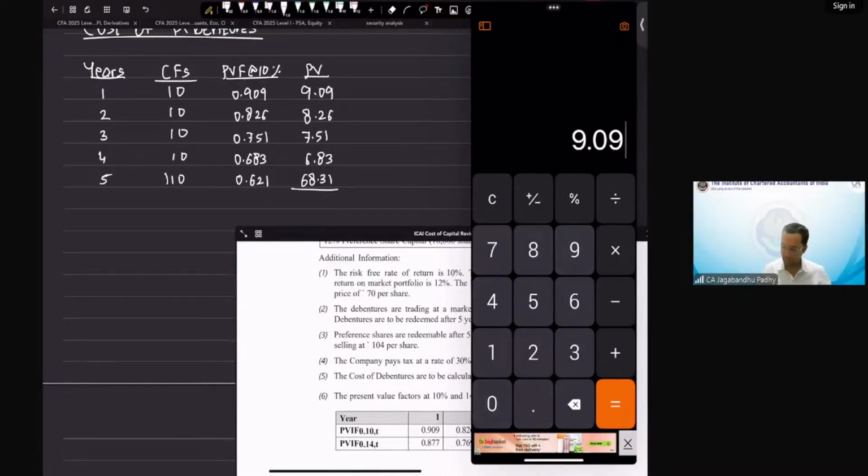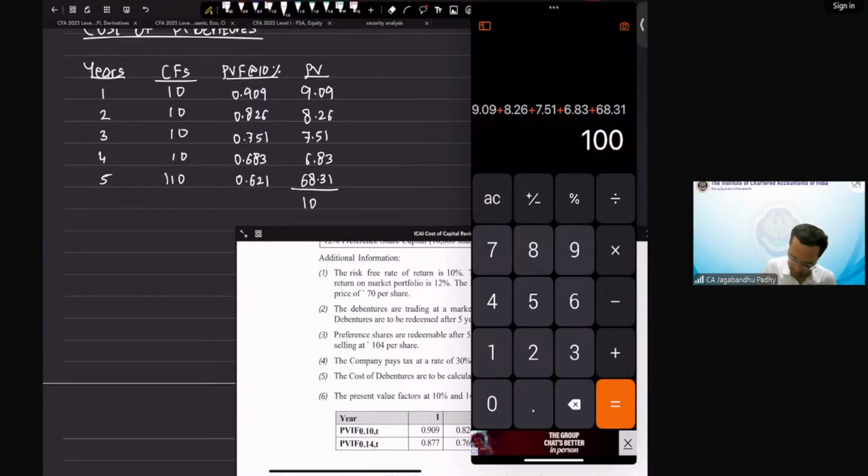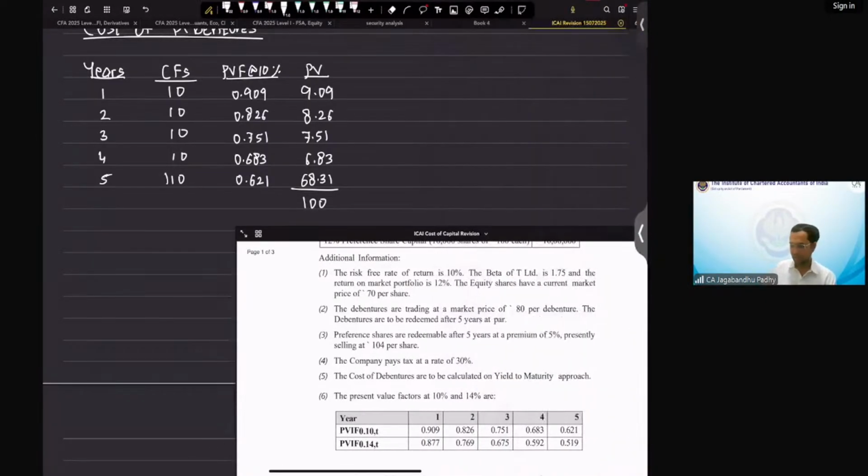It's 9.09 plus 8.26 plus 7.51 plus 6.83 plus 68.31. Okay, so the present value is equal to 100. But we want to make it equal to, of course, 80. We want to make it equal to 80 because the current market price of the debenture is 80.